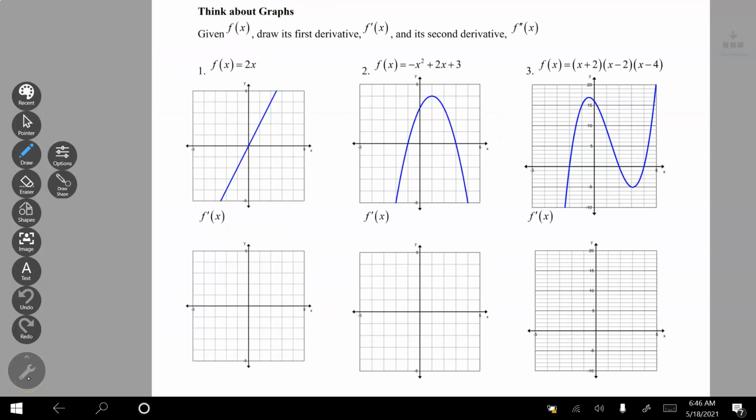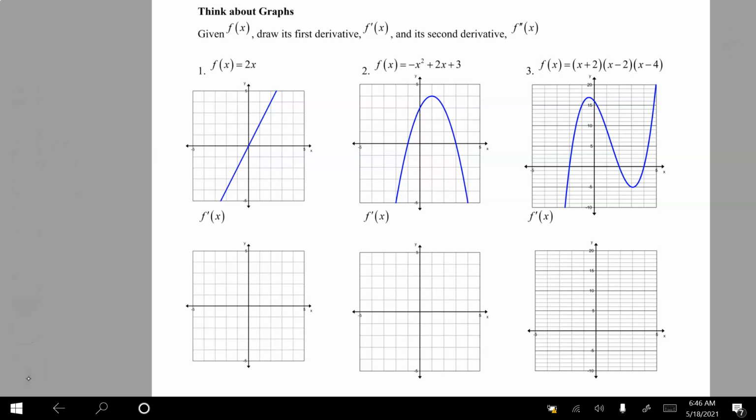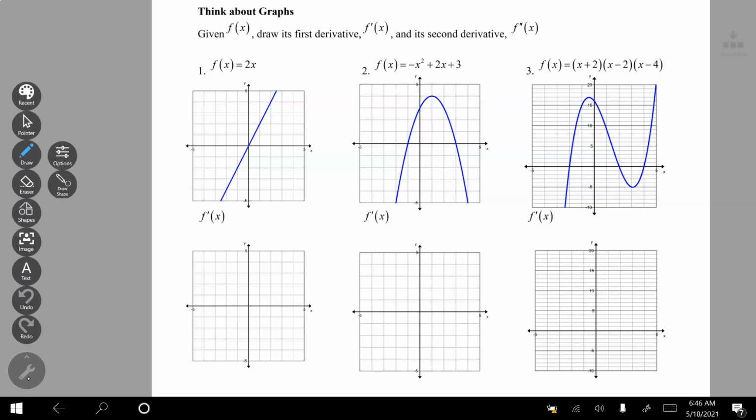So I have 3 examples here. Each time I give you the equation for the example, though I normally just give you a graph, because I want to relate something when I'm done with all this. And we're going to draw first the first derivative, or f prime, of each graph. The equation doesn't really matter, we're just looking at the graph. So f prime is really just the slope. So when I look at this graph, I see this slope for the very first one.